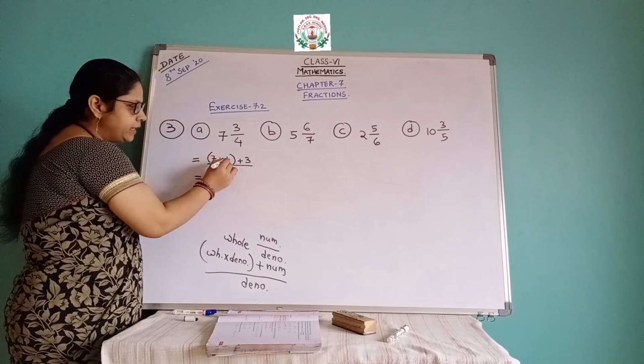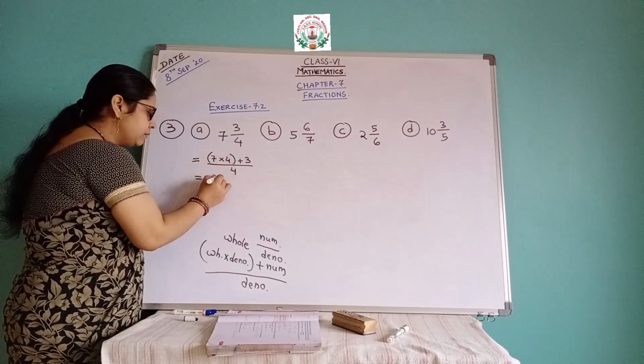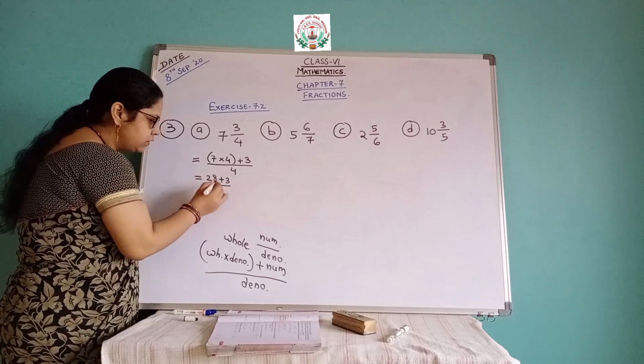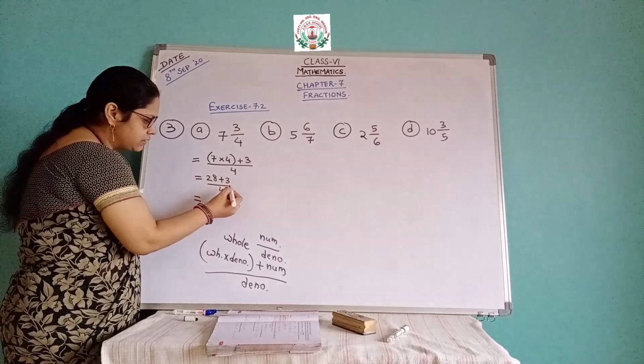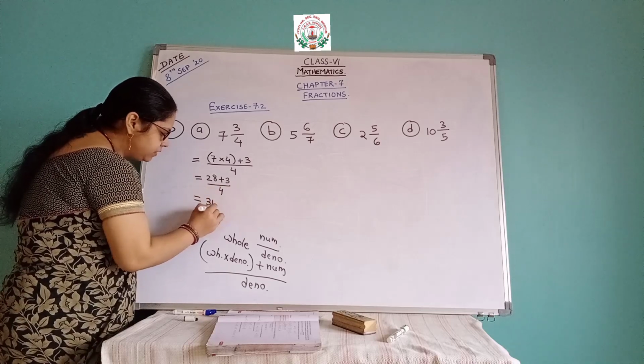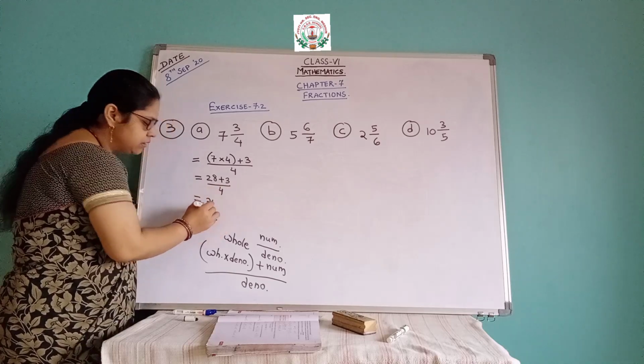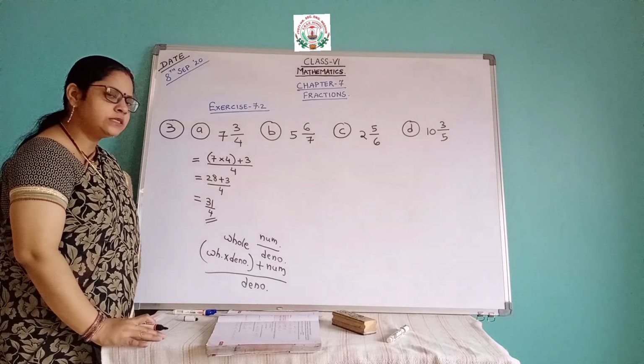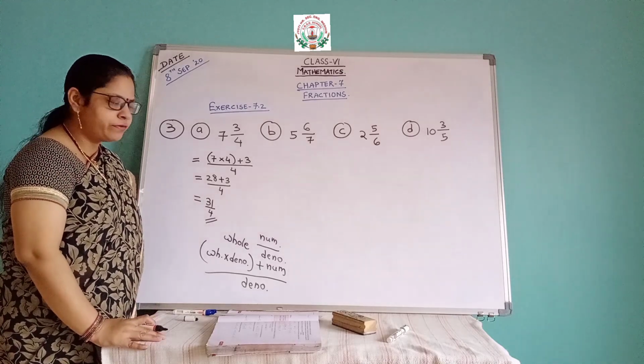Means 7 4s are 28 plus 3, the whole divided by 4, that is equal to 31 by 4 is the answer. And here the numerator is greater and the denominator is smaller, which means it is an improper fraction.